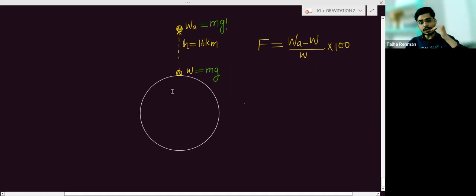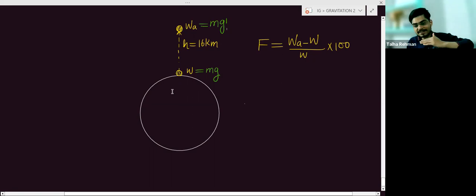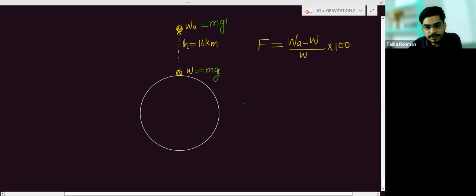When you move up above the surface of the Earth, the acceleration due to gravity will decrease and weight will also decrease, because weight is mass into acceleration due to gravity. Weight totally depends upon the g value.